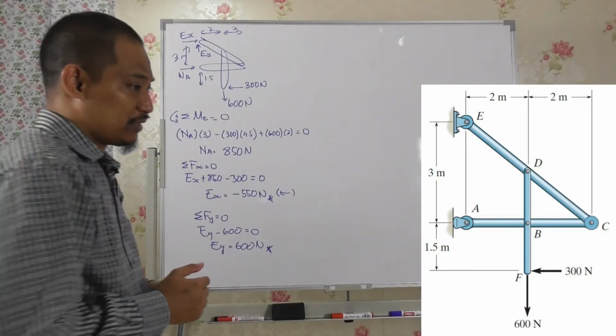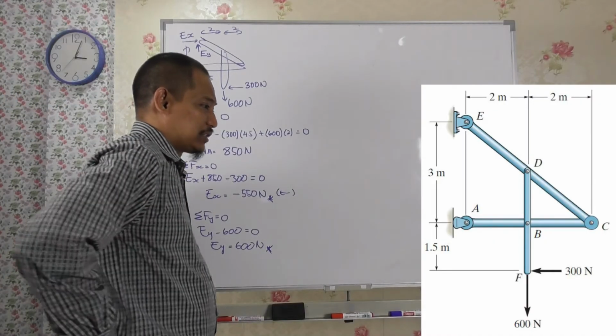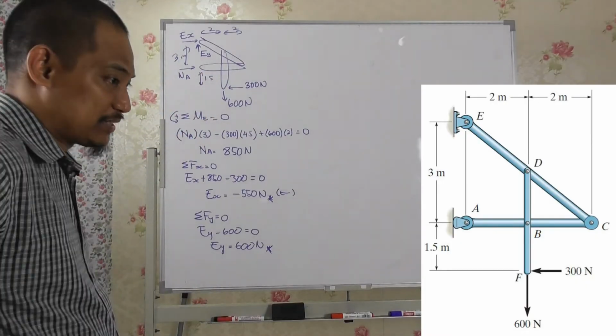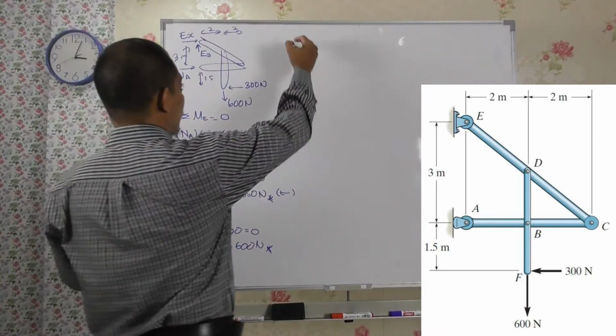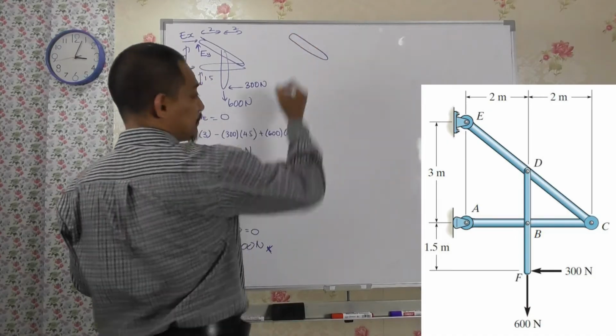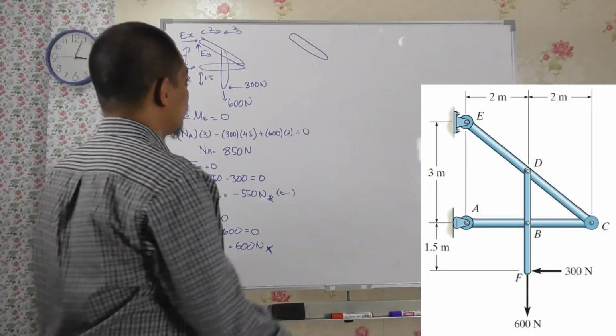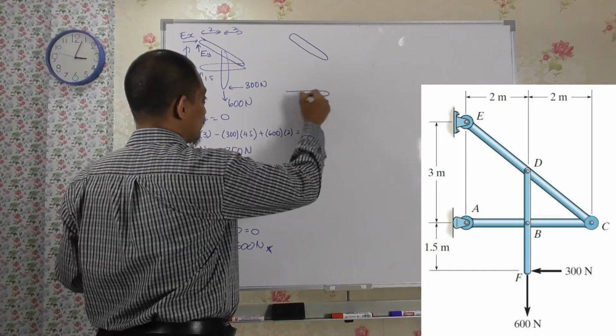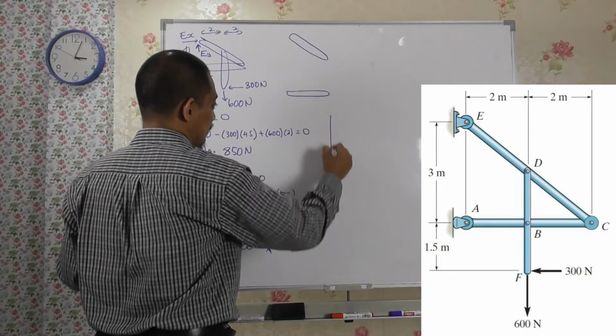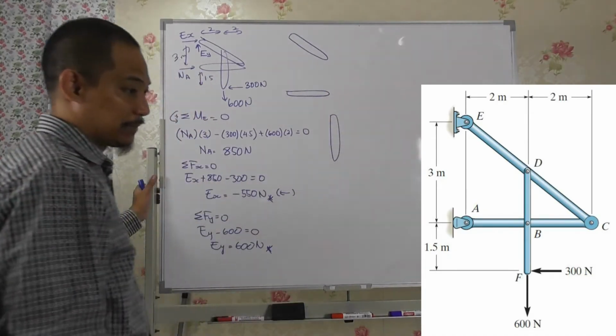What about part 2? Draw the free body diagram of each of the members. We have space. One member is something like this, and then you have the bar here, and the horizontal and the vertical one there.